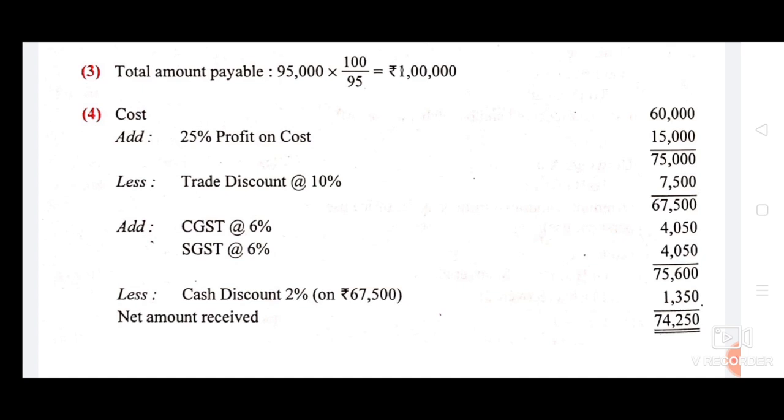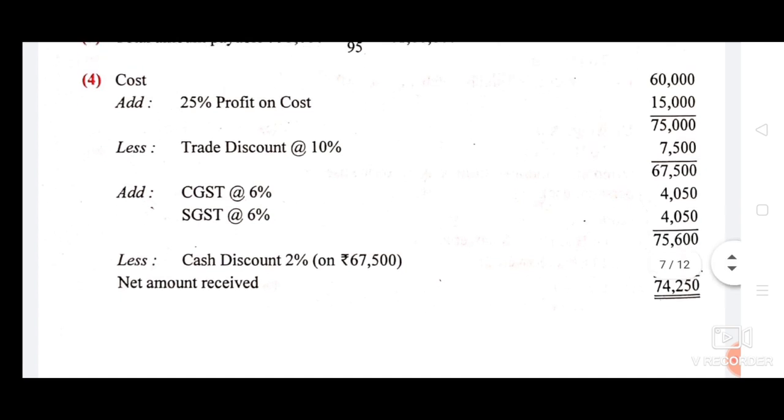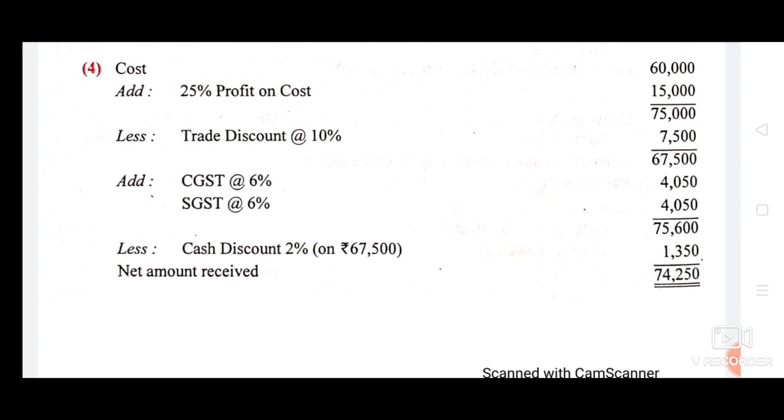They have charged profit of 25% on cost. So we have to add profit to cost so that we can get the selling price. 25% of 60,000 is 15,000. So 60,000 is the cost price plus 25% profit 15,000. Selling price will be 75,000, less they have allowed 10% trade discount.